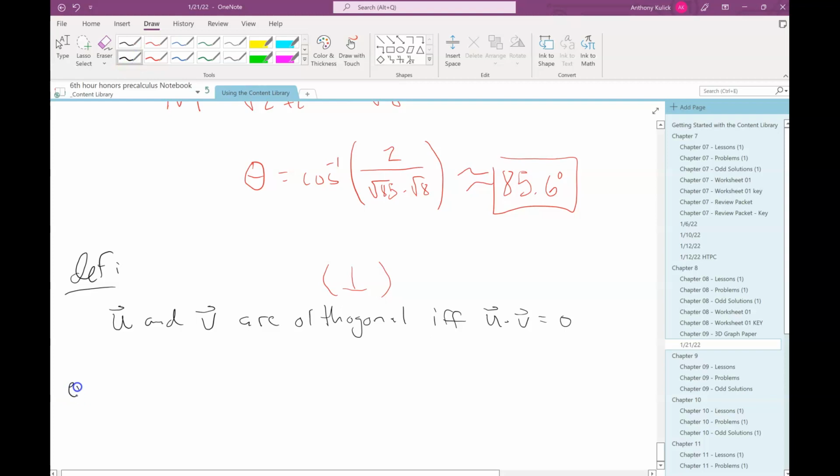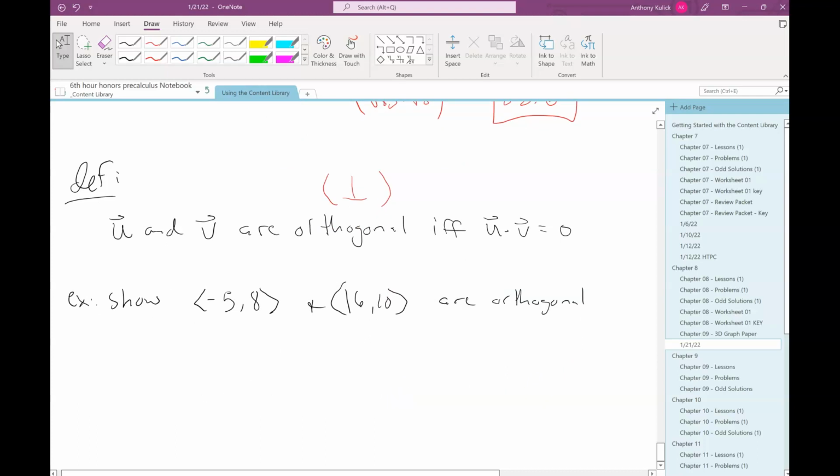So for example, we're asked to show that the vectors negative 5, 8 and positive 16, 10 are orthogonal. All we need to do is take their dot product and show that the dot product simplifies down to 0.